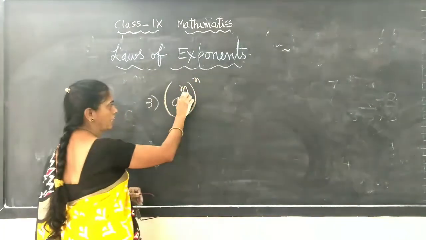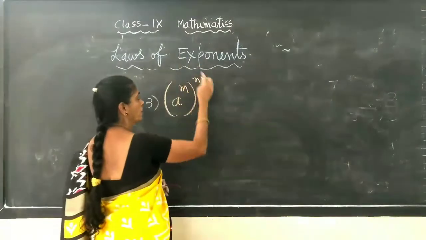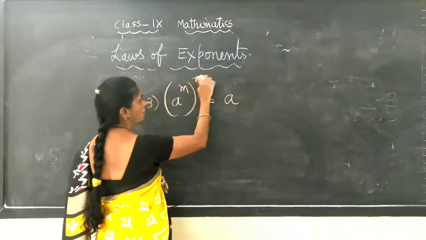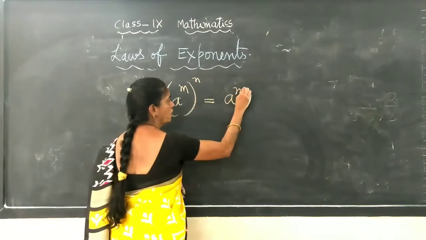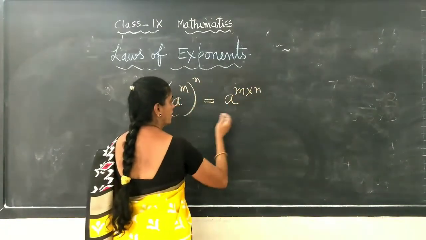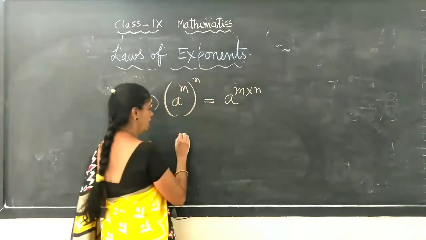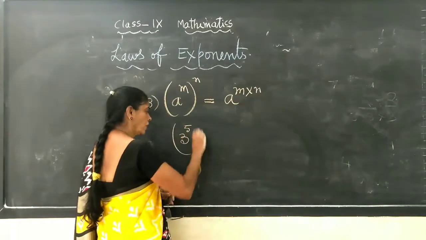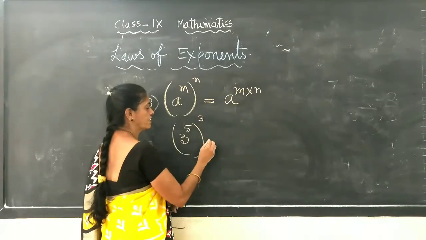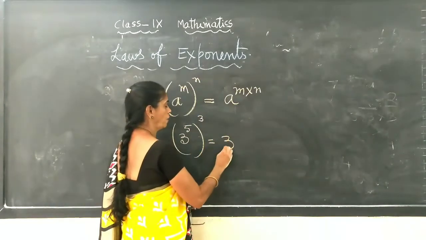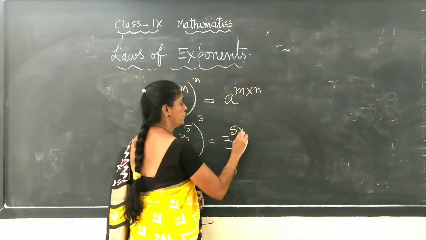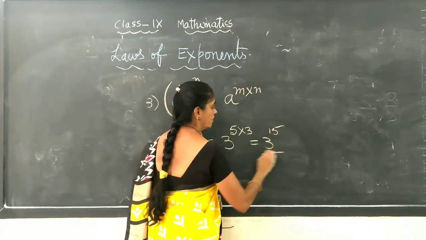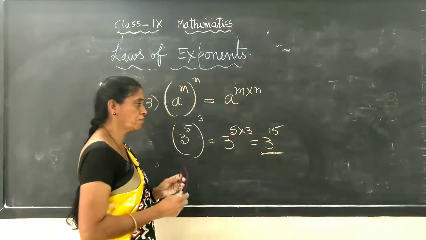Already one power is there, the exponential value, and again one more is there. In this case, the law says the two exponential numbers you have to multiply. Example, 3 to the power of 5 to the power of 3 is 3 to the power of 5 into 3, which is equal to 3 to the power of 15. This way we have to simplify.